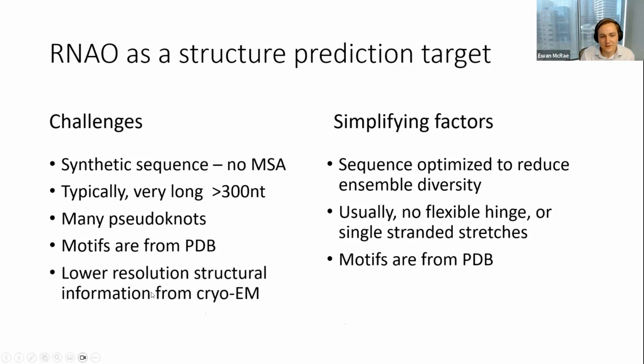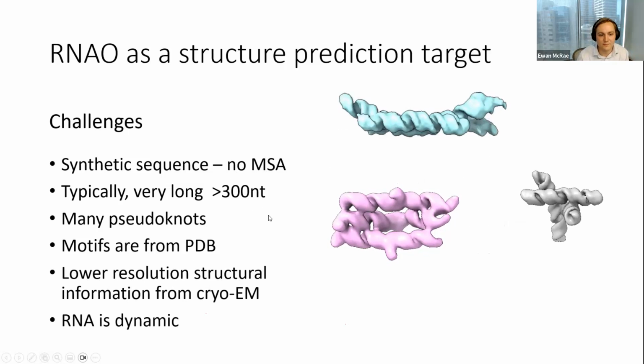Finally, we do get a lower resolution structural information from cryo-EM in general for RNA. So while we don't have details of individual base positions, we frequently get between 5 and 6 angstrom resolution, which is enough to fit helical elements and get an idea of the overall shape of the RNA. And also RNA is dynamic.